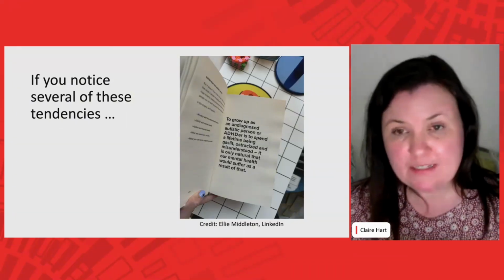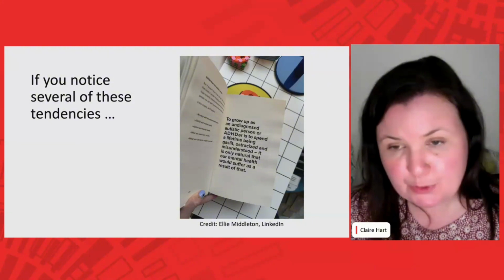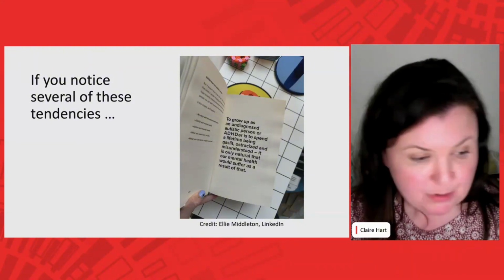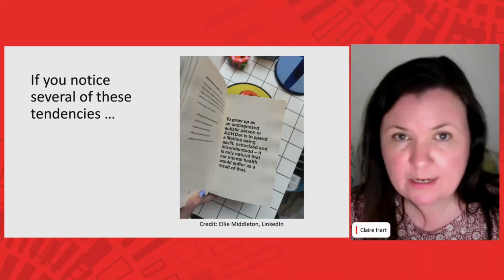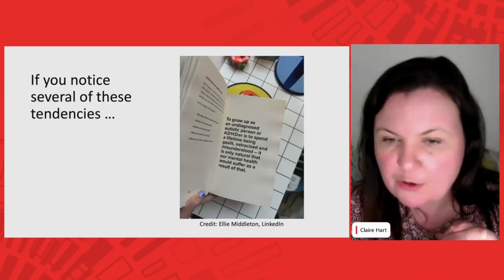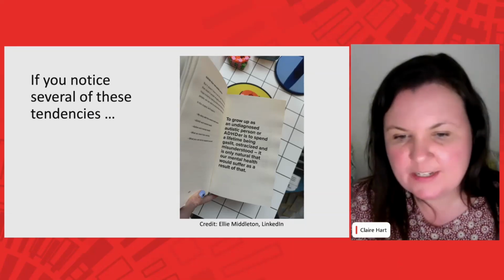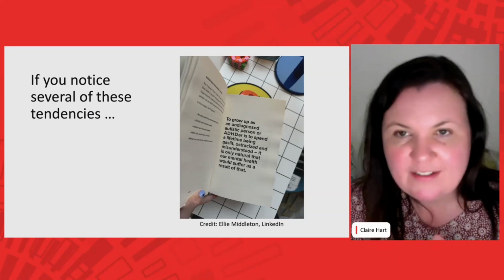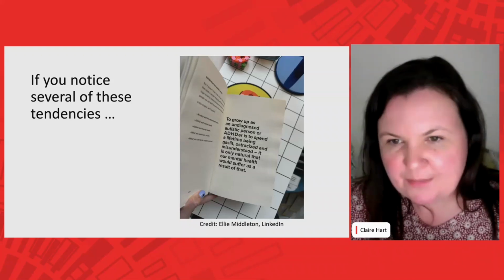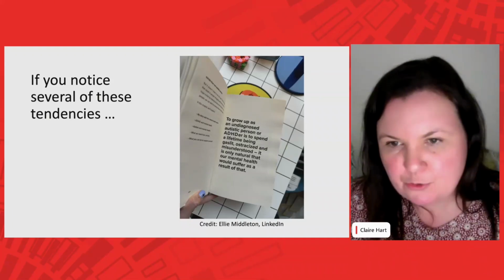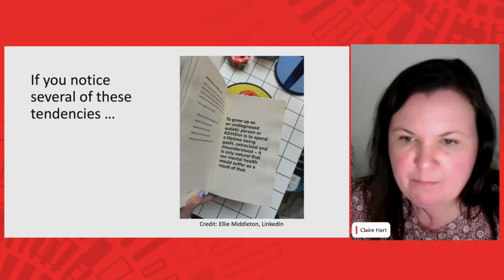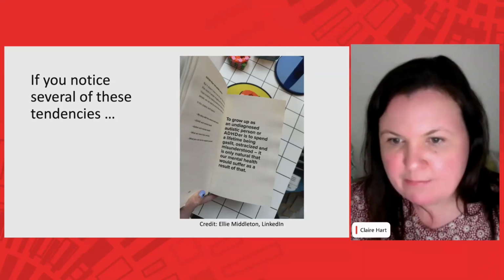And that brings me to a page from this book, Unmasked, by Ellie Middleton, who you can find on LinkedIn. She's a neurodiverse influencer, you could say, and talks a lot about neurodiversity. She's a young woman who a lot of young people can relate to. And she has written here, "To grow up as an undiagnosed autistic person or ADHDer is to spend a lifetime being gaslit, ostracized, and misunderstood.